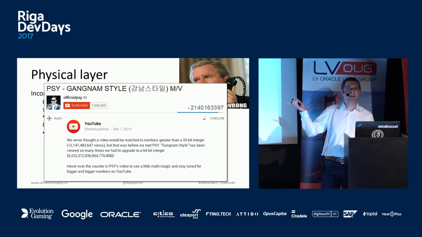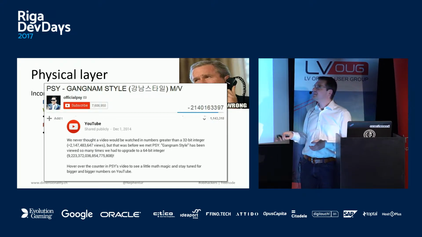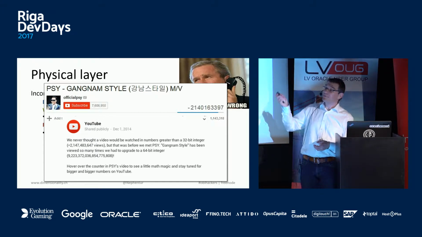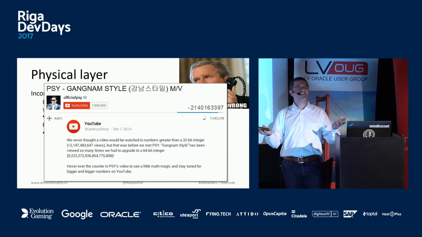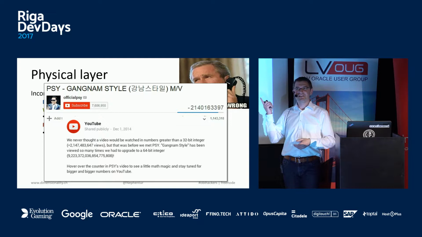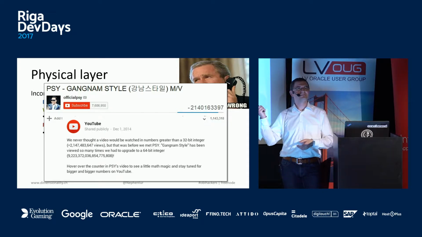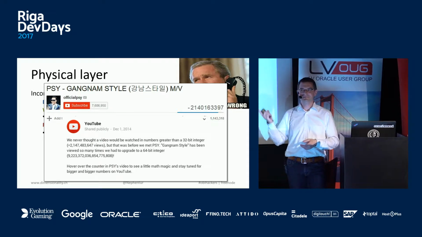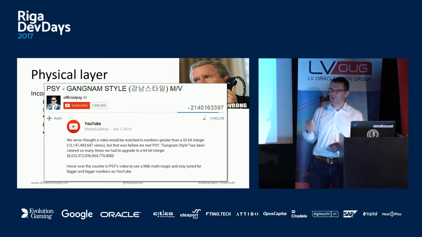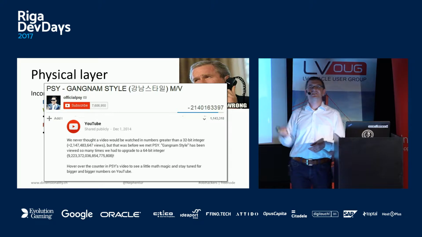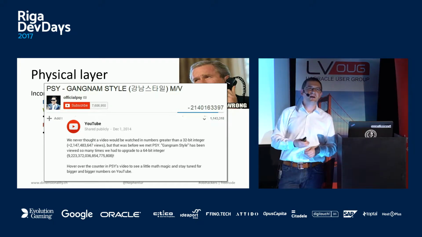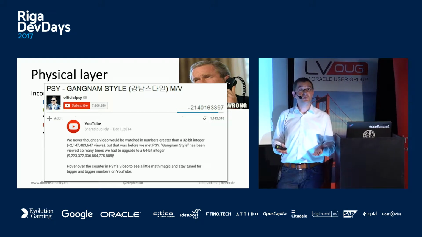Anybody remember this? Happened a couple of years ago. From this counter, you can already see what kind of integer they used. I mean, you're developers. You have to know what kind of integer that is right away. Know what? A 32-bit signed integer. So they actually used a signed integer to count the number of times a video has been viewed on YouTube.